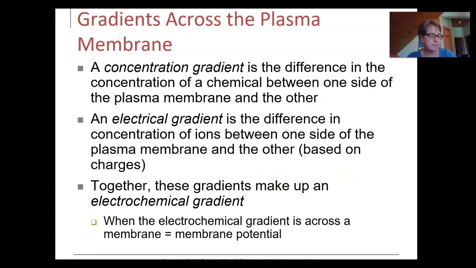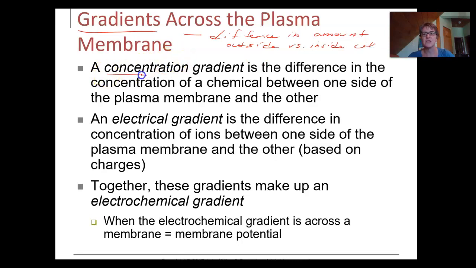And I can make a gradient. So a gradient, this word gradient here, means that there is a difference in amount outside the cell versus inside the cell. Okay, that's the deal with the gradient.